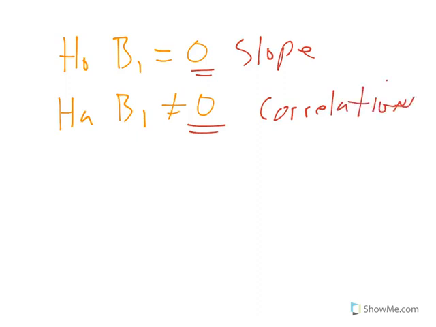All right, and the value of your B1 doesn't show how much correlation. It just shows how quickly your line is increasing or decreasing. Remember, it's your R value, your R squared, that shows the amount of correlation on a line. And one thing I didn't do very well last time: R squared is always from 0 to 1, right?